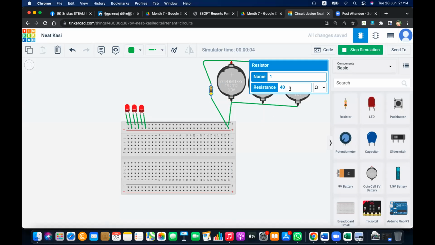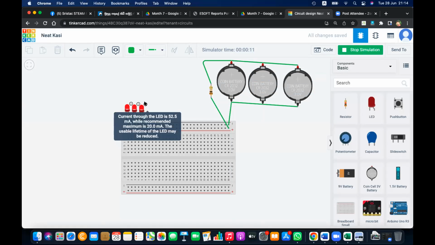So let's see, this is 40 ohm. If I try to reduce this to 1 ohm, you can see it is now 52.5 because you have connected 3. So it's getting more ampere than necessary. But to give more strong power, you can increase it.